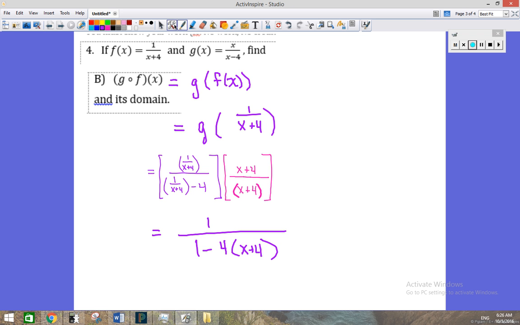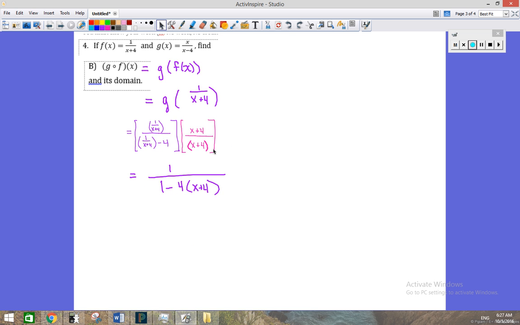So let's simplify that denominator. Distribute the 4 and combine like terms. One minus 4x minus 16 and negative 4x minus 15, because positive 1 minus 16 is minus 15 there.